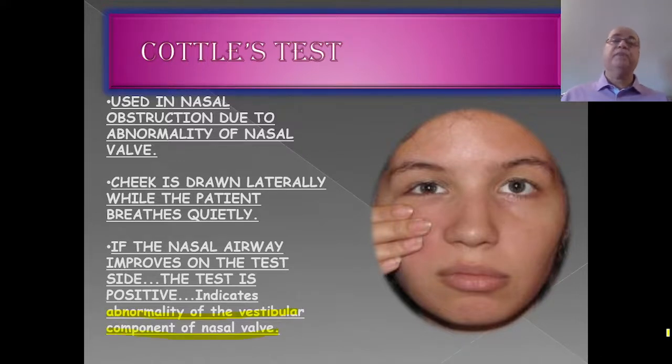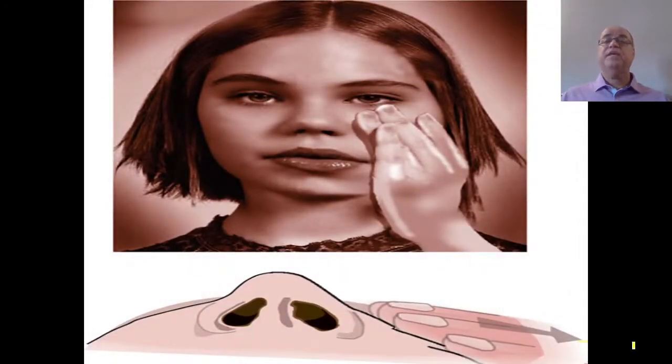So this is a very simple clinical test which can be done in the clinic, simply ask the patient to retract the cheek on the side where there is a complaint of nasal obstruction, and if it improves immediately, it means the obstruction is at the nasal valve level.